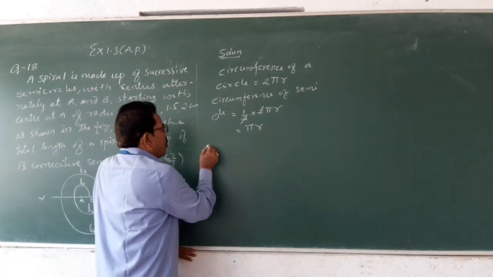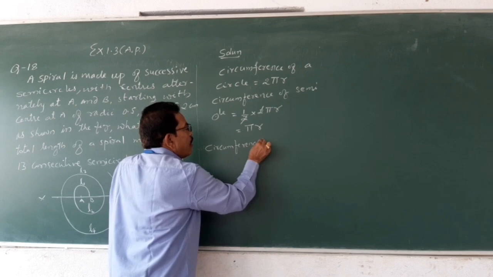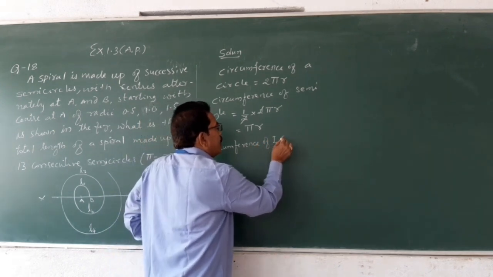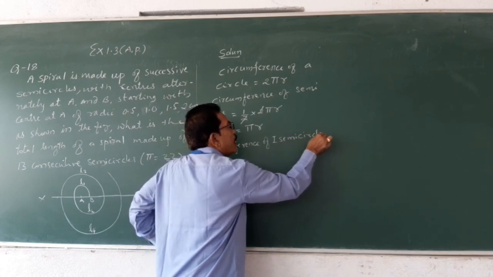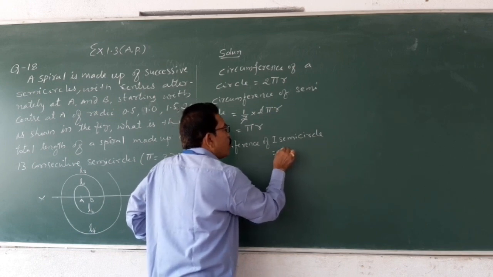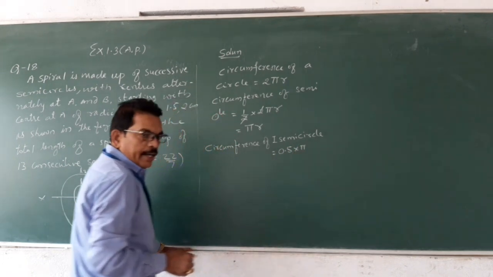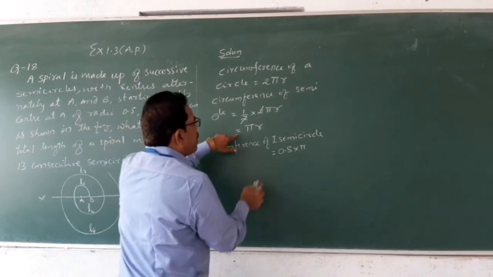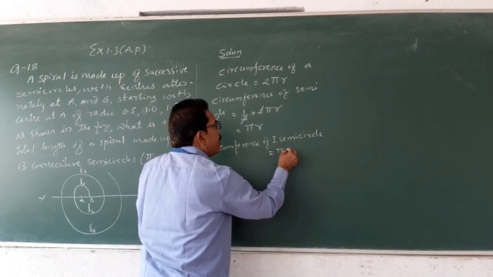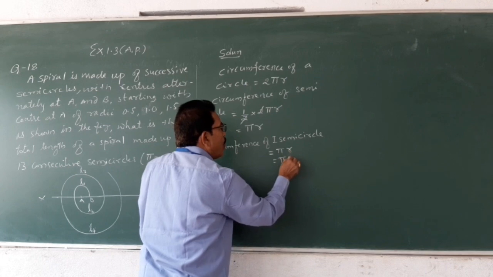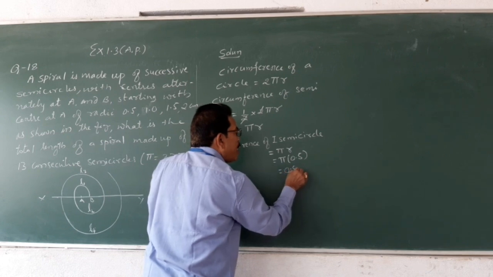Circumference of the first semicircle is pi r, that is pi into 0.5, which equals 0.5 pi.